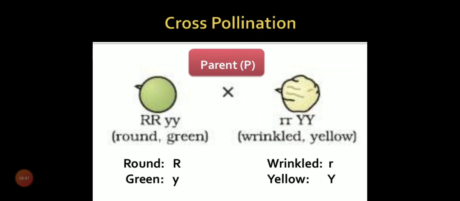Here we are crossing plants by taking two characteristics into consideration: one is the shape of the seed and the second is the color of the seed, right? So this type of experiment is known as a dihybrid cross.